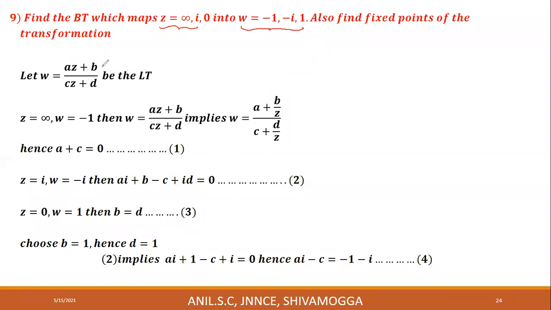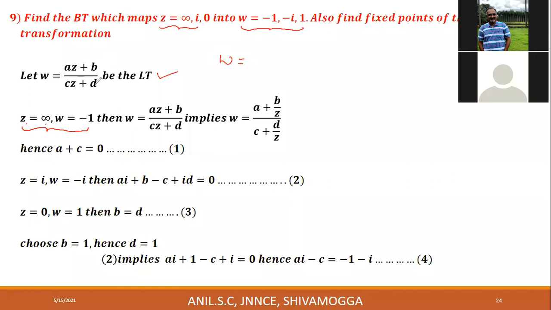Let w equal to (az plus b) divided by (cz plus d) be the required bilinear transformation. Now we substitute the first set of points. When z is equal to infinity, w is equal to -1. Substitute in w equal to (az plus b) divided by (cz plus d).